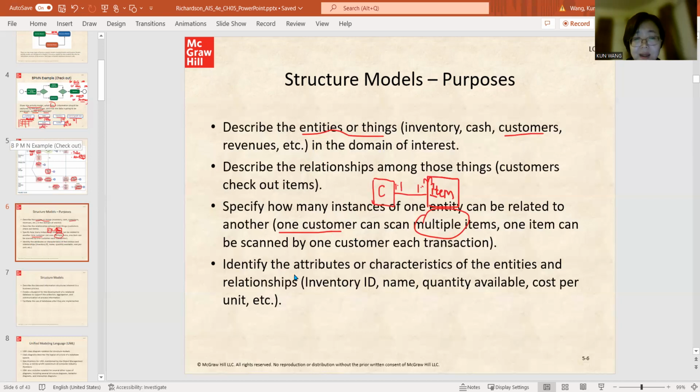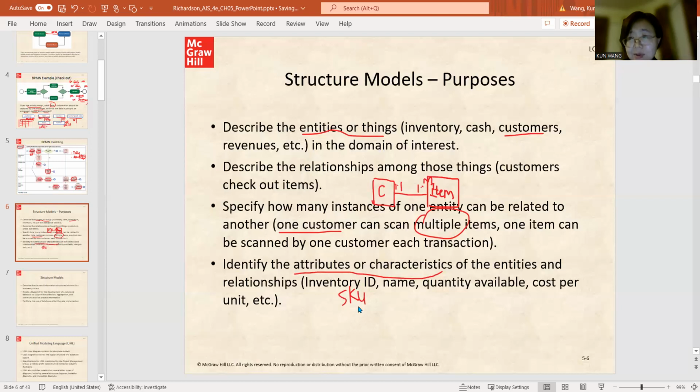And then finally, as I already mentioned, for each table, all the entities or things, we need to specify the required attributes, what type of data I want to collect for this entity. For example, here I'm using the inventory, like the SKU. So probably you already used this in the project we did.